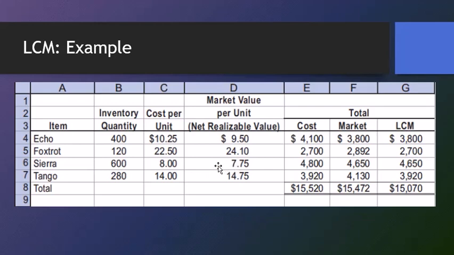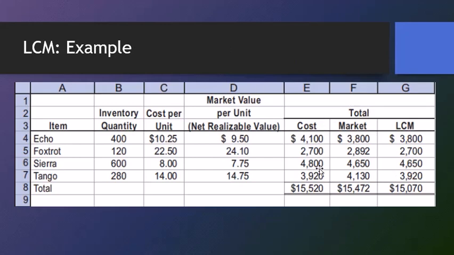The value has fallen, meaning that the market value is less than cost. We have to report that item at market value. Okay. Tango, we paid $14. It's now worth $14.75. Again, if market value is more than cost, we have nothing to worry about. We just report it at cost as we normally would.